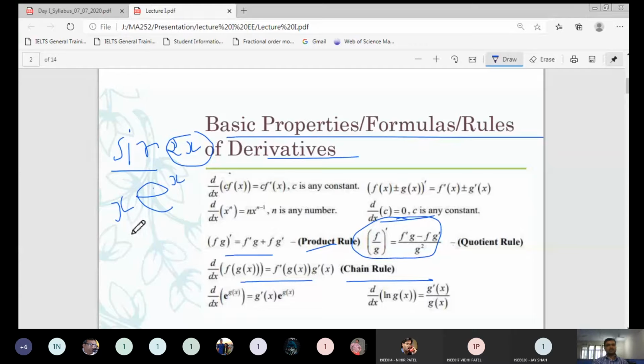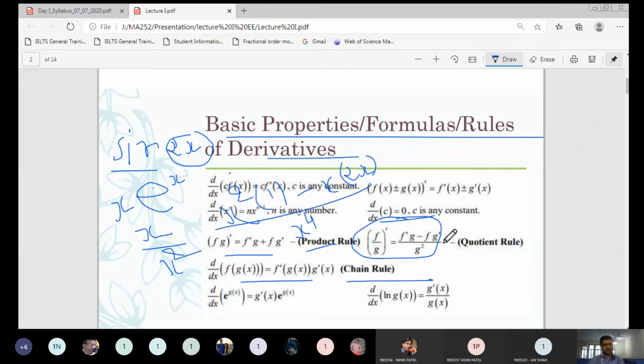If you want to find the derivative of x by x squared, then the denominator x squared stays as it is times the derivative of x, which is 1, minus x as it is times the derivative of x squared, which is 2x, all over x raised to 4. This is the quotient rule.